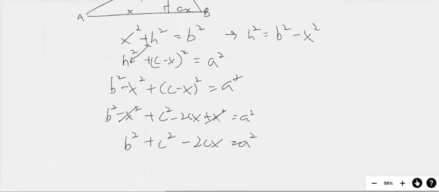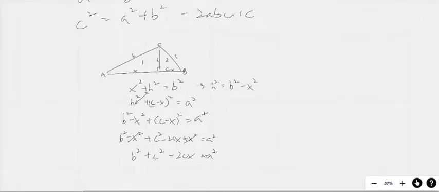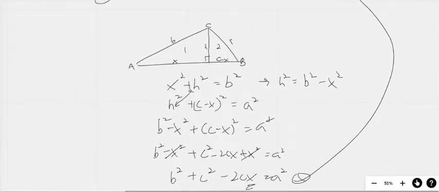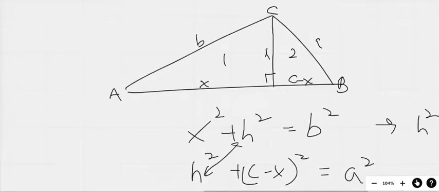However, this is getting really close to the law of cosines, but there's something different, the x. So how do we get the x? We have to pick an angle. In this case, I'm going to pick angle A. And how do we use cosine to represent this angle? We know that cosine of angle A is equal to x over b.